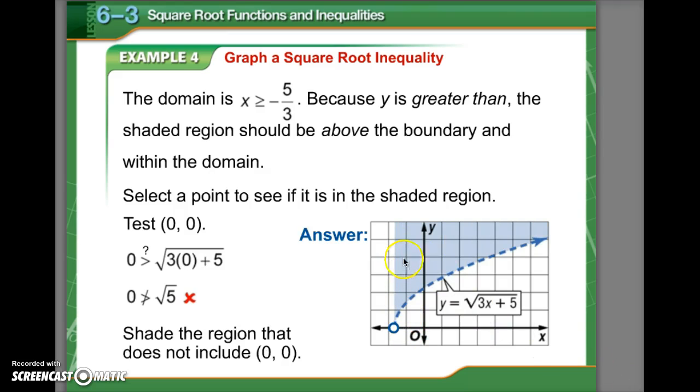And so you can see here that they shade everything above the square root function, and notice that they're not doing anything to the left of the function. They're just starting right from this point, -5/3, and straight up, and then everything to the right of that is also above the line. Never go to the left of your square root.